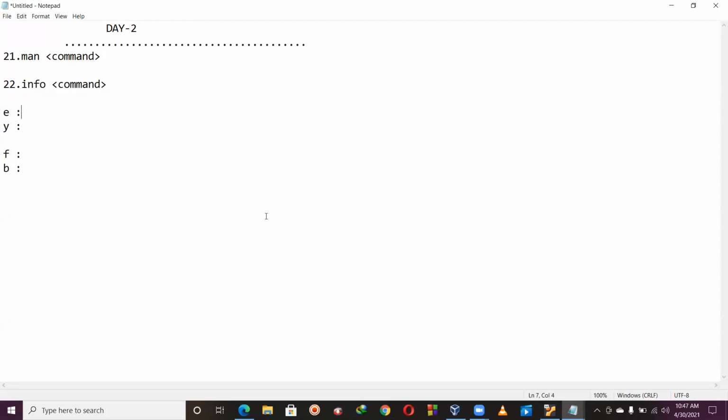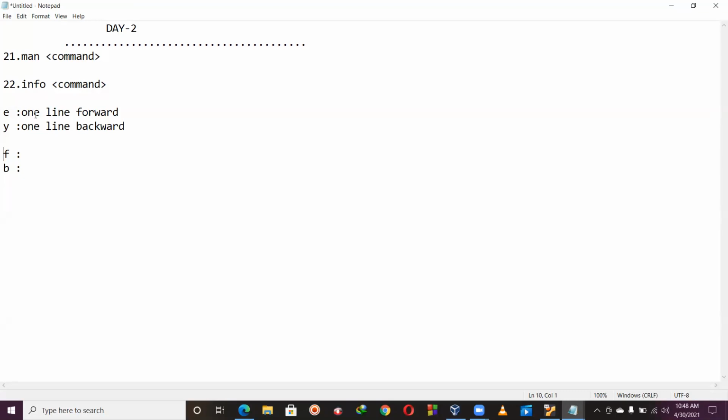Suppose you have a very lengthy description. E is forward one line, and Y is one line backward. So you should use E and Y for one line at a time.